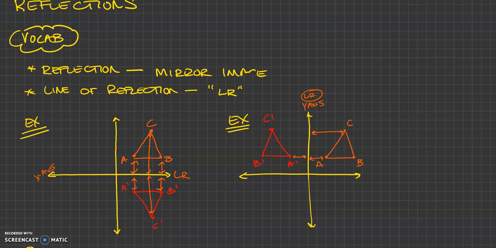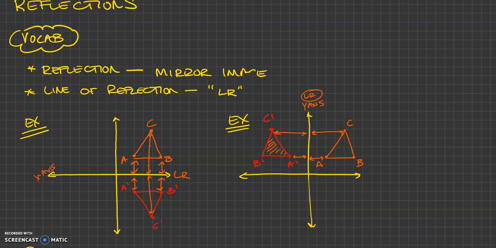And you can see that all of these form a symmetrical image, a scenario where everything is symmetrical. The pre-image ABC across the y-axis to the image A prime, B prime, C prime, and I'm just going each point the same distance from the line of reflection. And what does it produce? It produces my image that's across the y-axis.